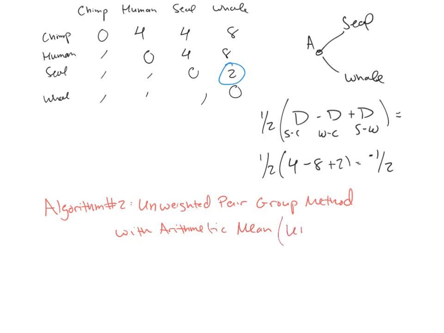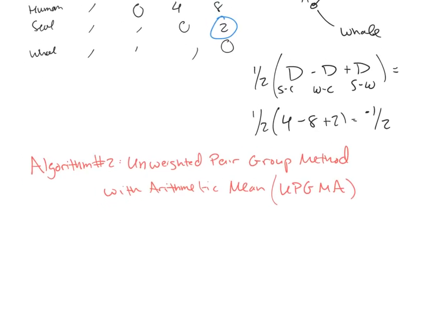And no one wants to write this again, so we just call it UPGMA, and we advise the people who made the algorithm to come up with a better name next time. So let me show you how this algorithm works.